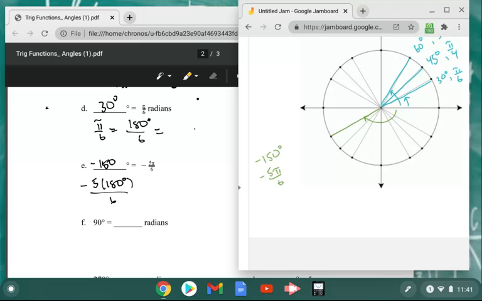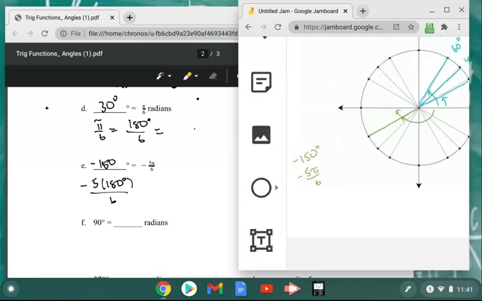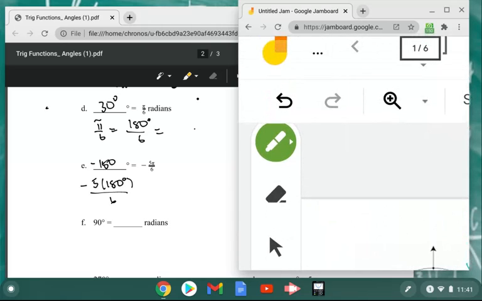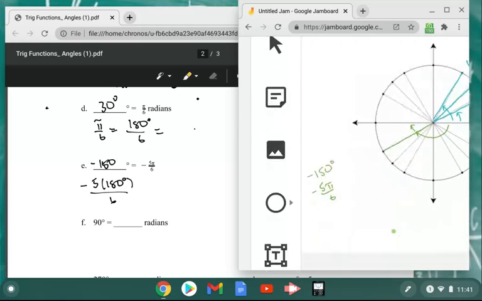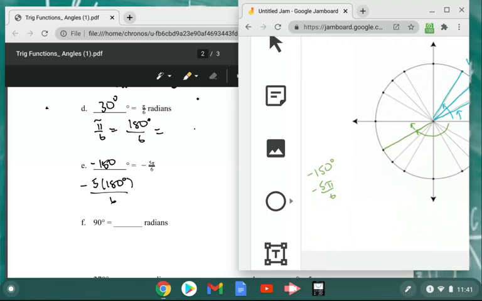Notice if I kept traveling all the way to the halfway point, that would be another pi sixth. So that would be negative 6 pi sixths, also known as negative pi. So I can count these out in terms of pi sixths.